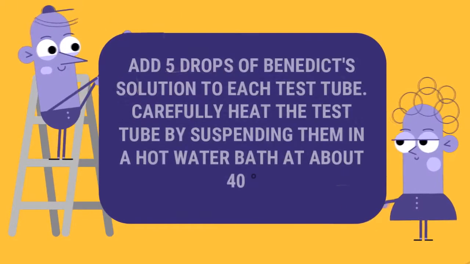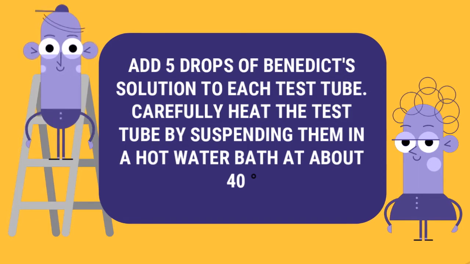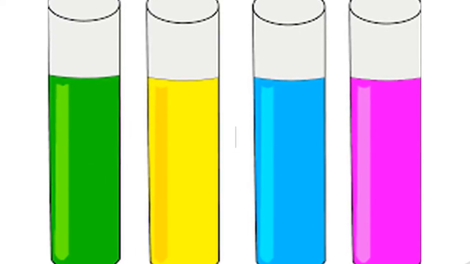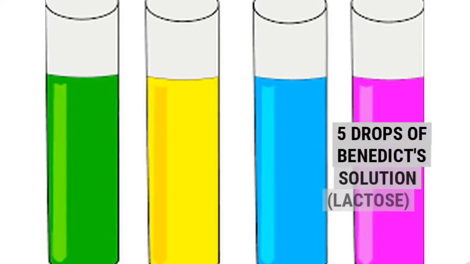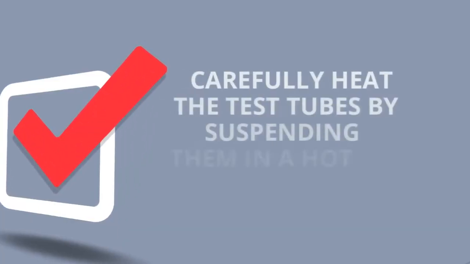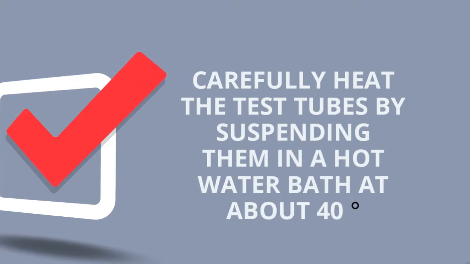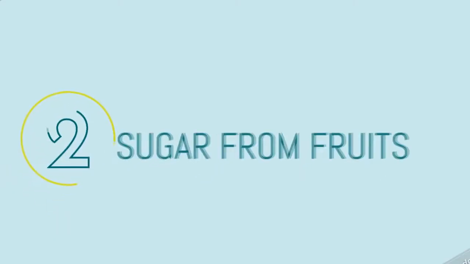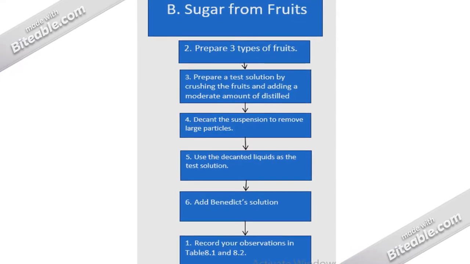Lastly, we are going to add 5 drops of Benedict solution to each test tube from 1, 2, 3, and 4. Then we carefully heat the test tubes by suspending them in a hot water bath at about 40 degrees Celsius.